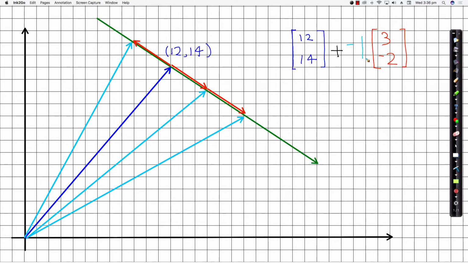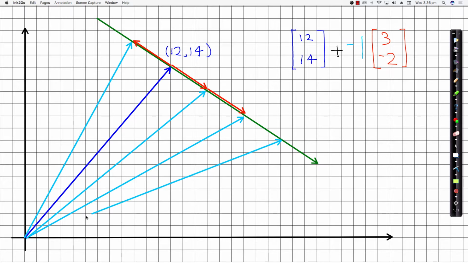The resultant light blue vector will be the vector [12, 14] minus 1 times the vector [3, -2] along the line. The new light blue vector will be [9, 16]. This new vector also points to a point that lies on the line, just back up the line.